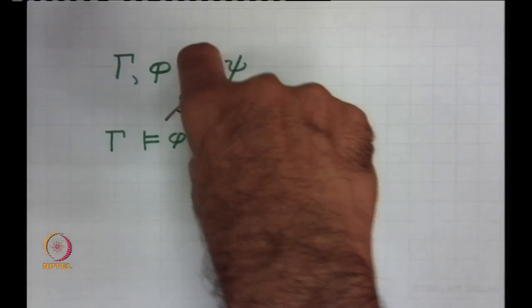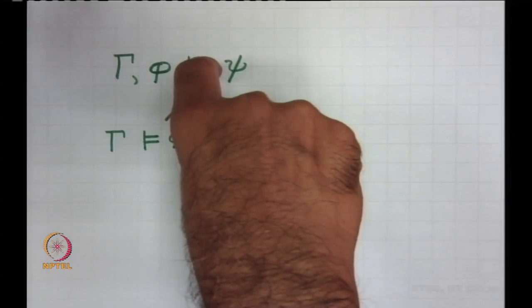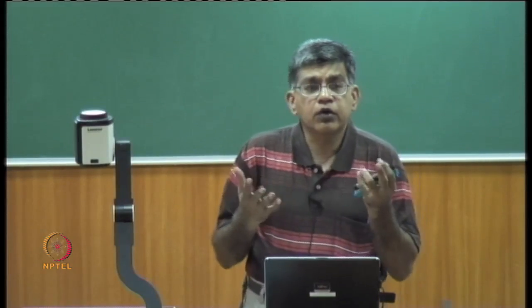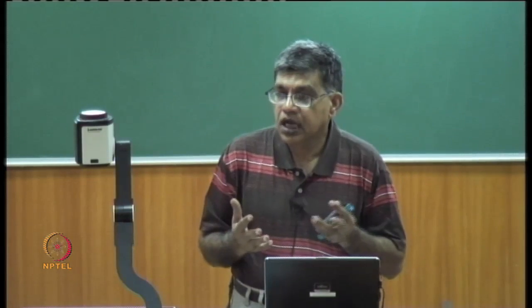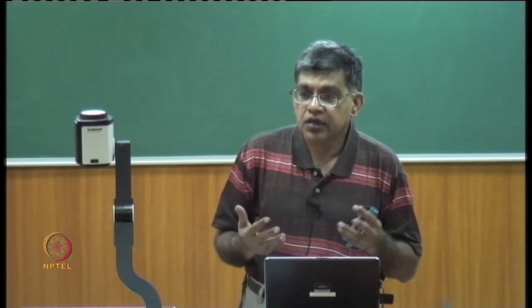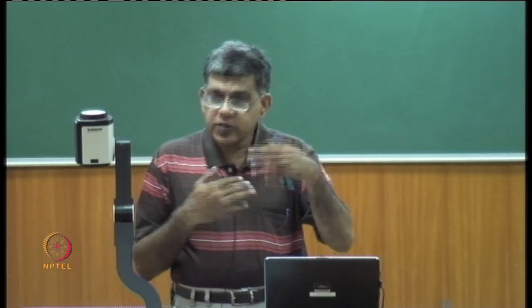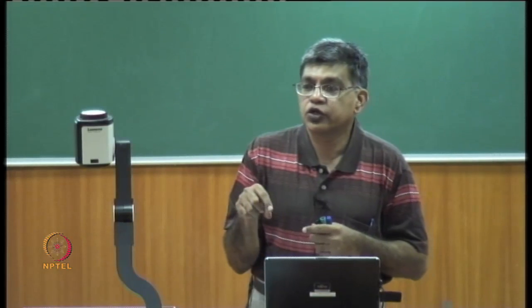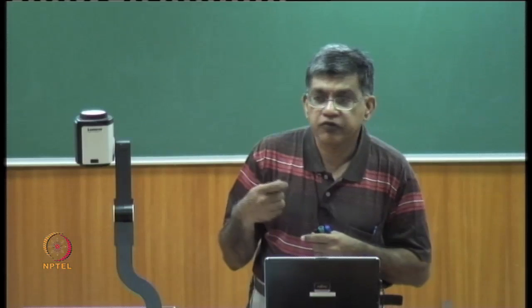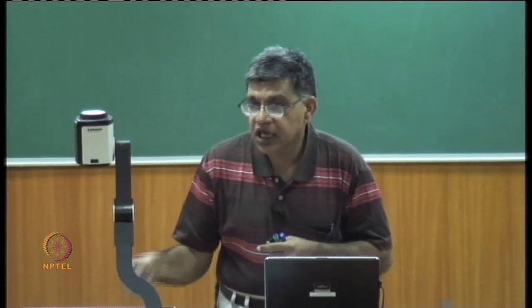However, this equivalence does hold for completely closed forms. So which means if you do not have any free variables at all anywhere, then it's equivalent to a proposition, and then the deduction theorem actually holds. Okay, but between the two also there exists some fine tuning which we can do to make, in the presence of free variables, certain restricted variations of the deduction theorem hold.